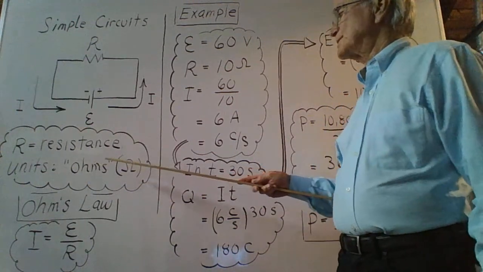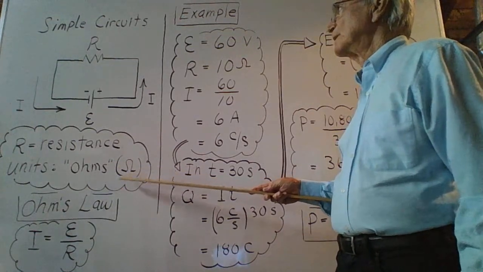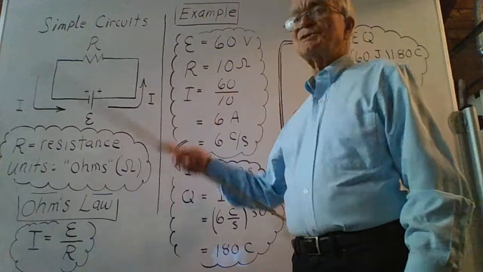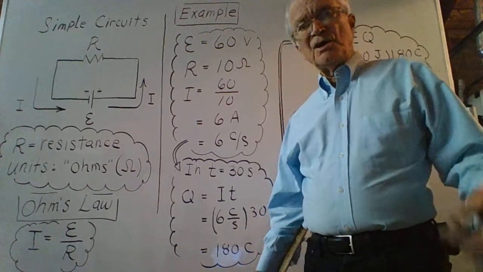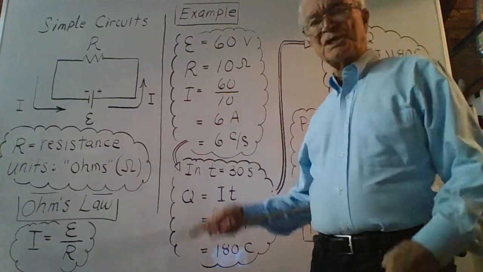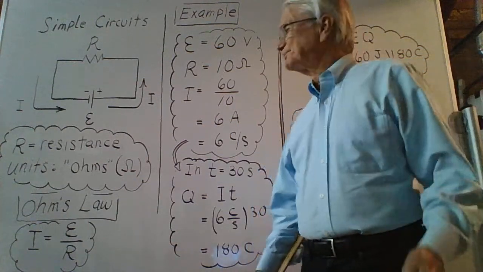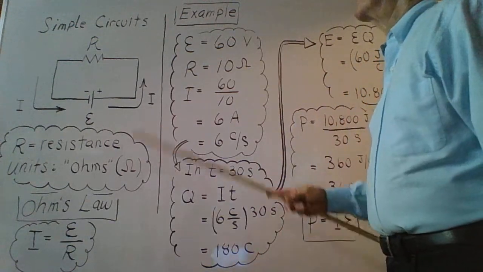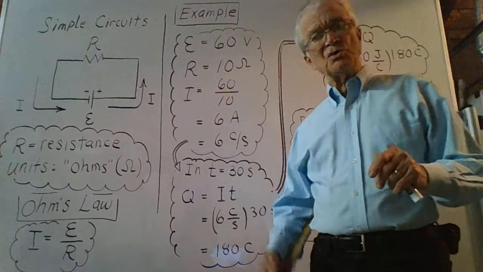The symbol for it is a Greek letter, uppercase omega. So R symbolizes this property of resistors called resistance, and R is also the symbol used to designate the thing that has that resistance.